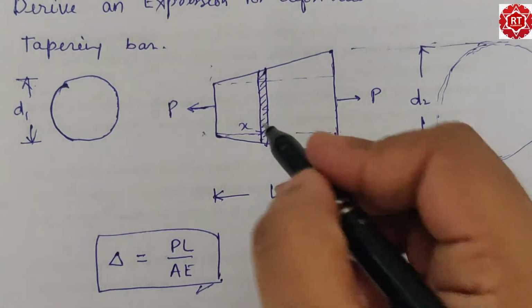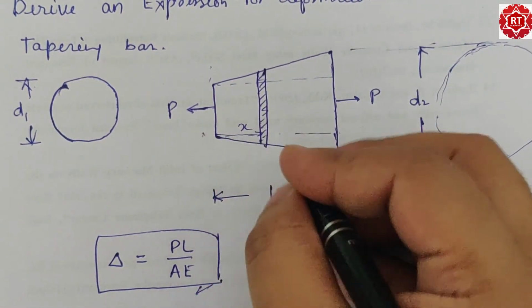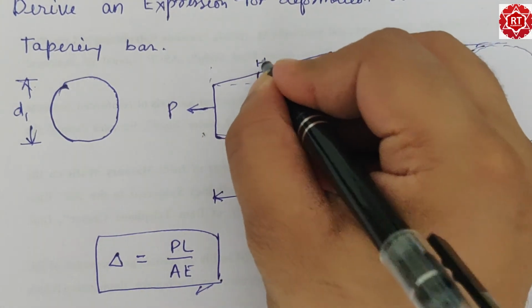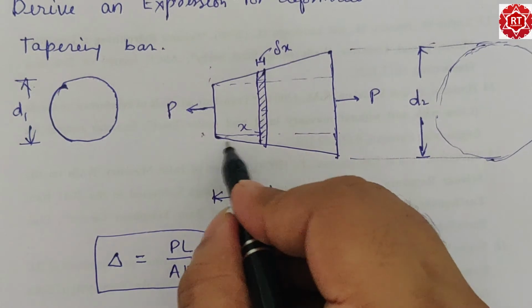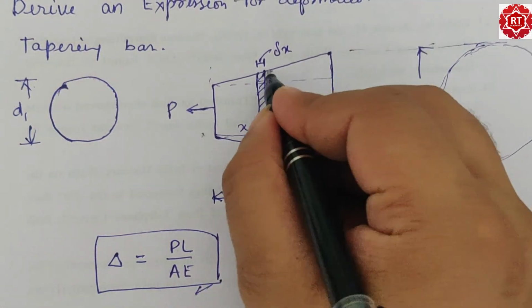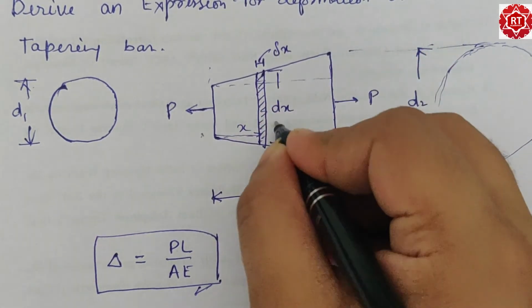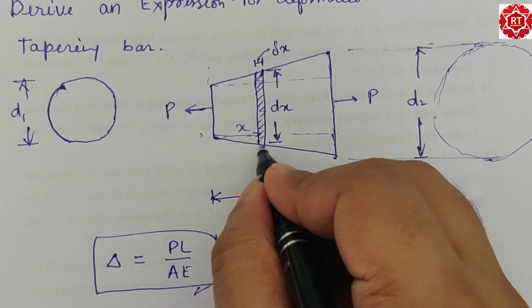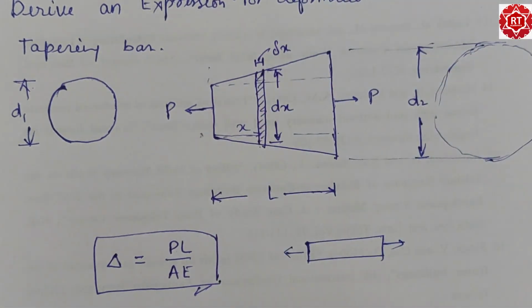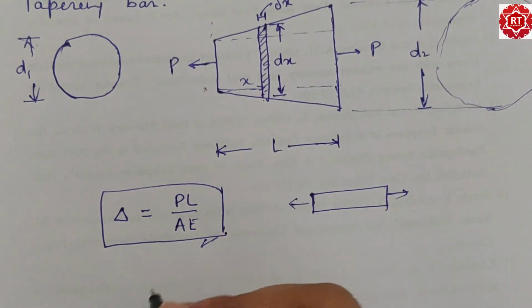So here I have taken a thin strip at a distance x of thickness delta x, and at this instant the diameter of this portion is, let's say, dx. What will be the relation for the deformation of this thin strip?